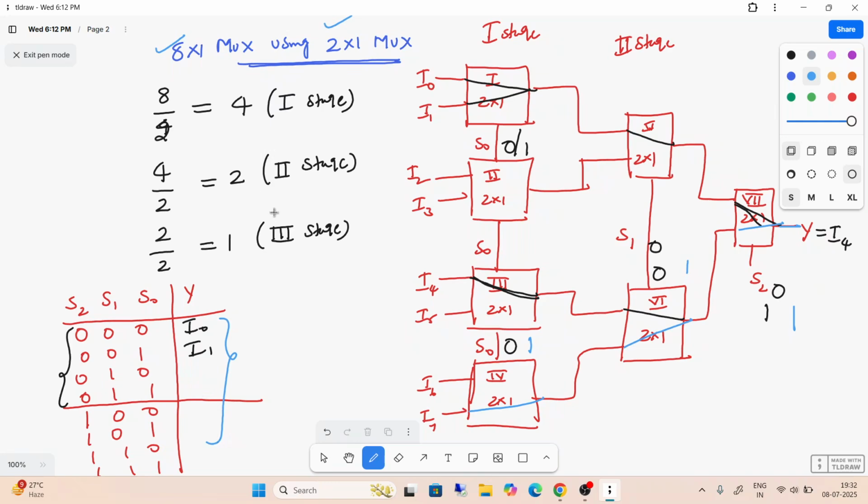In general, you tell me, suppose I want to implement 2 power n x 1 MUX by using 2x1 MUX, how many MUXes are required? Do you understand my question?